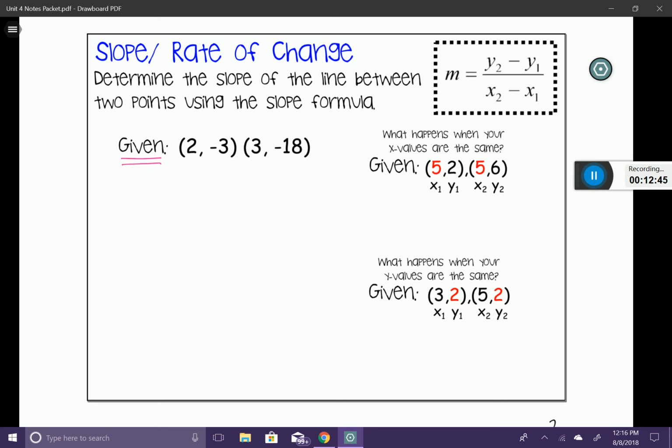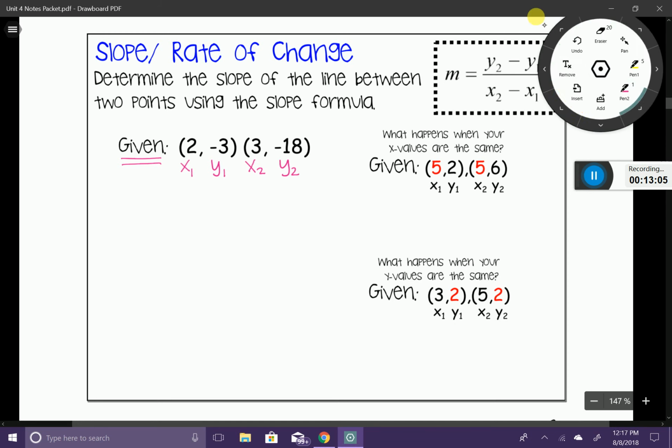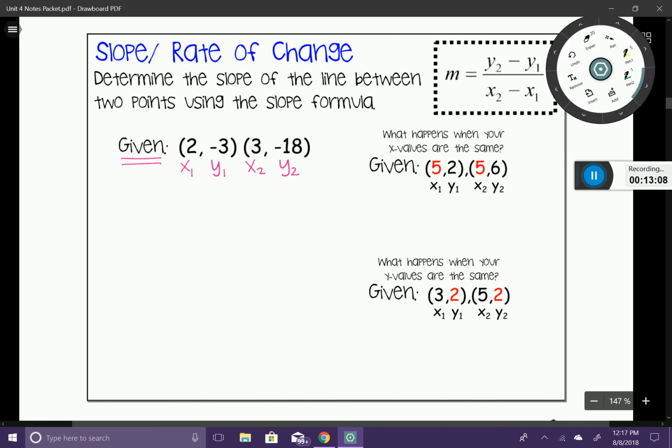Before I even begin to think about my formula, I want to label my points. I know that this first coordinate consists of an x and a y, and I know that the second one consists of an x and a y. So I'm going to label it x1, y1, and then x2, y2. And you can absolutely flip these around. What I mean by this, I'm going to put it in green, and then I'm going to erase it.